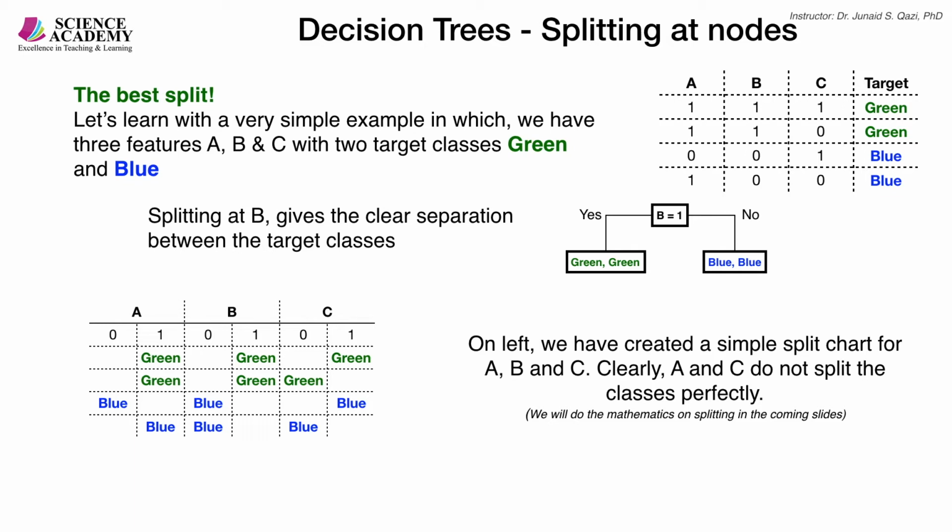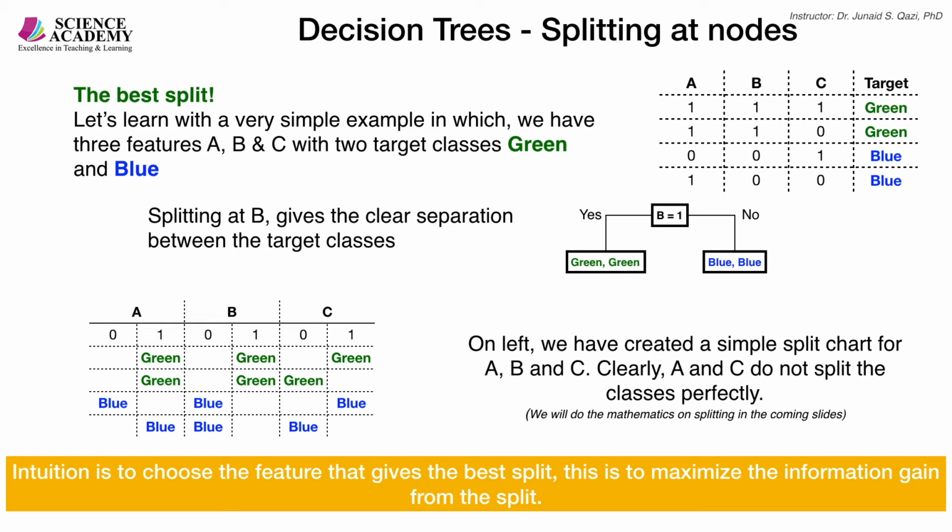So splitting at C is not really helping us at all, because we are getting both classes for yes and no. B is our third option, which is giving two separate classes, green for B equal to 1 and blue for B equal to 0. Hence, B is the best split in this case.